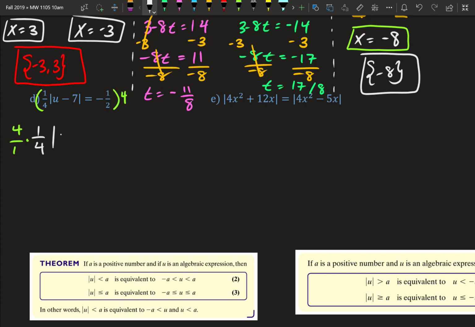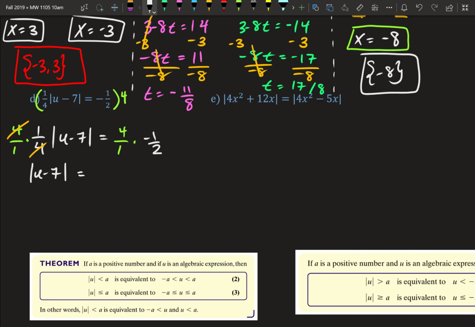So we'll have 4 over 1 times 1/4, and that's absolute value of u minus 7, and that equals 4 over 1 times negative 1/2. So we can go ahead and cancel out these 4's, which was our goal. We're just moving it to the other side. So we have absolute value of u minus 7 equals 4 times 1/2.